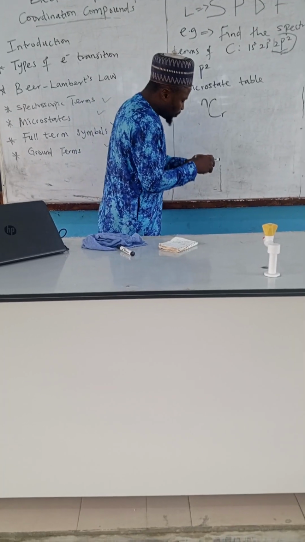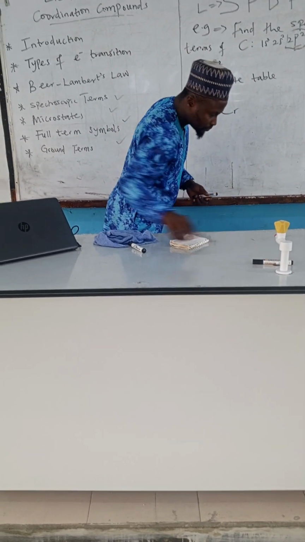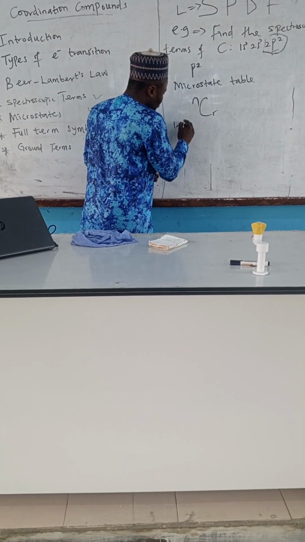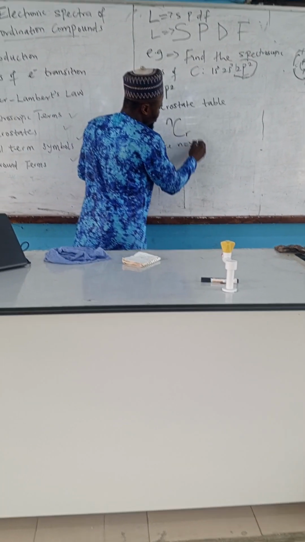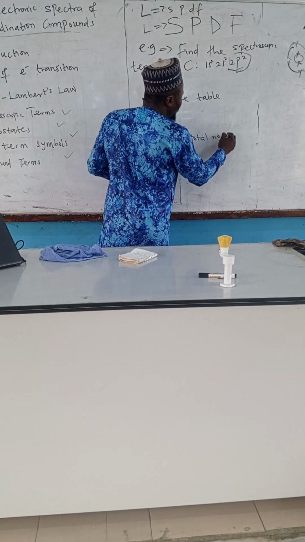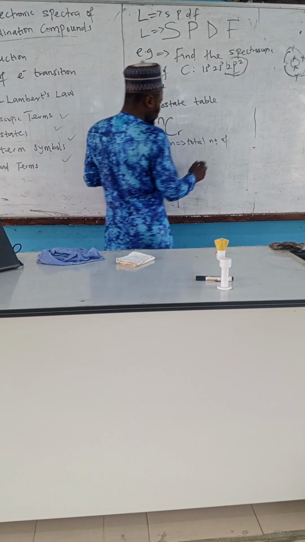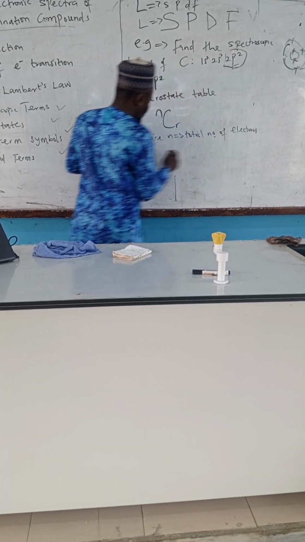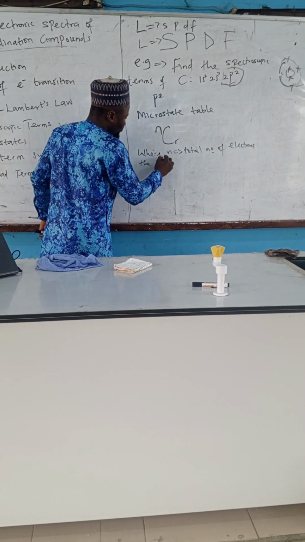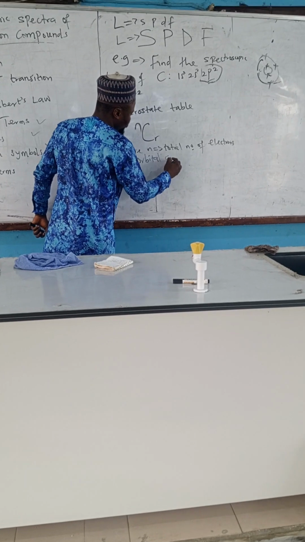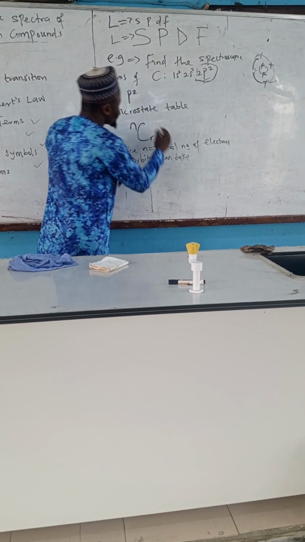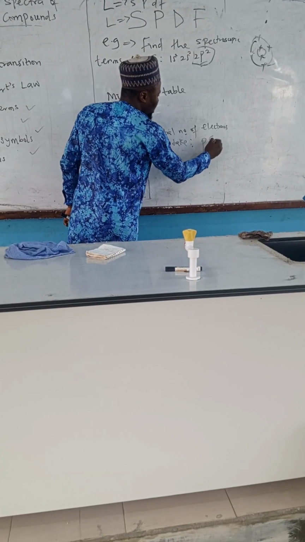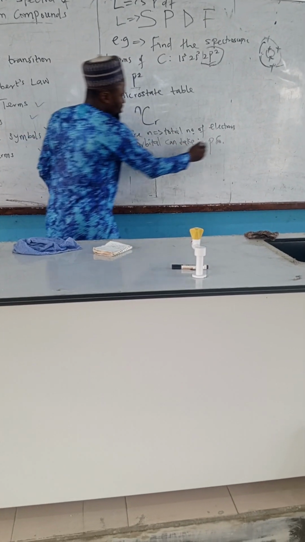N combination r, where n is the total number of electrons the orbital can take. In this case, this is a p orbital. The maximum number of electrons a p orbital can take is 6. So n is equal to 6.